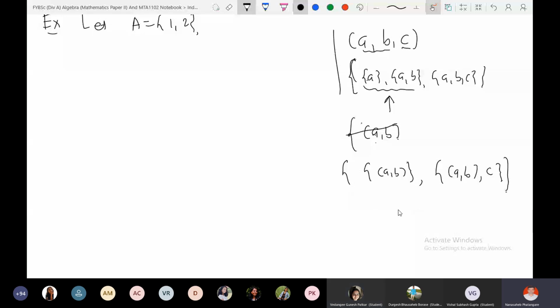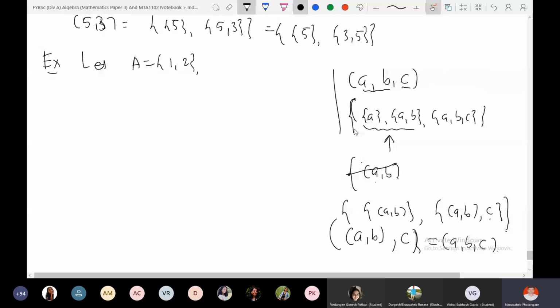My first component is present in both, so it should be {A, B}. And the second component is present in A, C and B, C, so ultimately it is {A, B, C}. So whenever I say 3 sets, that means it is a 3-tuple or 3 components, right?